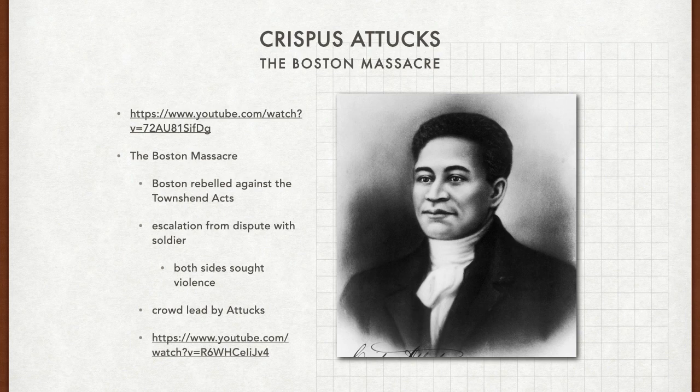After Garrick started poking White in the chest during their argument, White hit Garrick on the side of his head with a musket. A larger crowd gathered at the scene, attracted by the fact that the church bells were ringing. Usually that was only for fires. Over 50 Bostonians gathered around White, led by mixed-race former slave Crispus Attucks.